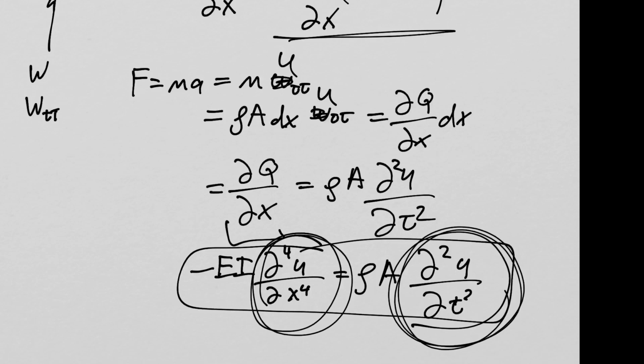So this is very far from the ideal wave equation in the sense that you've got a fourth derivative with respect to space and a second derivative with respect to time. But that is the wave equation that tells us how to solve for u, which is our equation for the string. This is an equation that solves to give us a formula, and that formula is u.